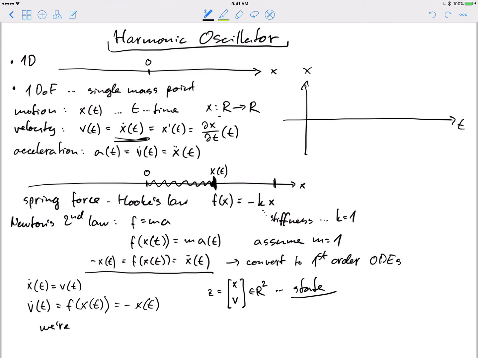Now in this case, we are solving for two functions, x, which is a function from R to R, and v, which is also a function from R to R, okay? So that's kind of the trade-off: you get it to first order, but you pay for it by solving for two functions instead of one, okay? But this is actually a good trade-off to make, okay?